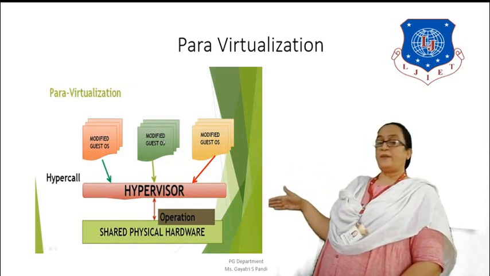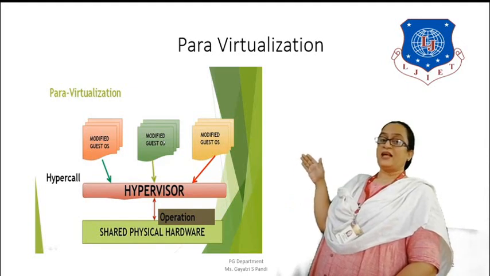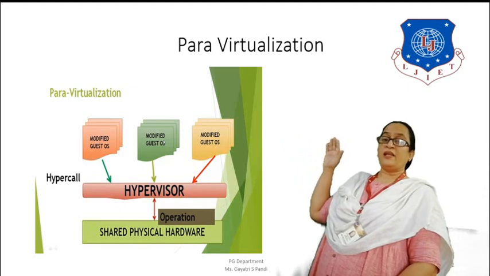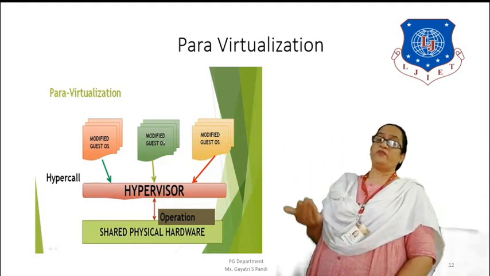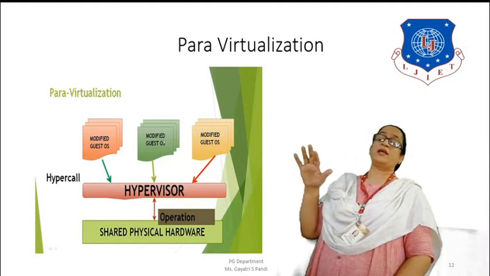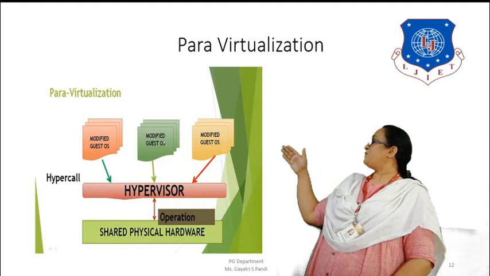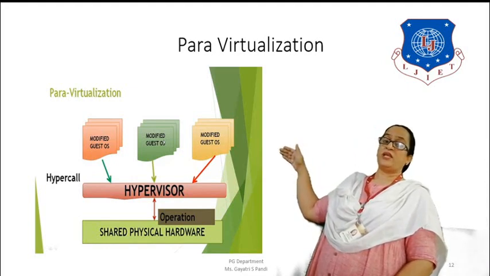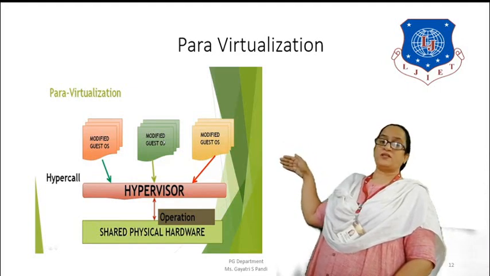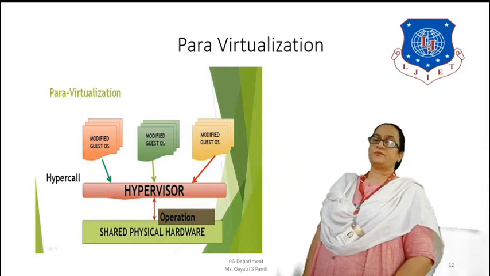On the above side is the hypervisor, which has the virtual machines, in which the guest OS needs to be modified. Guest OS specifically in para-virtualization needs to be modified. Once it is modified, it makes calls to the hardware through the hypervisor and that is called hypercalls. Hypercalls, as I said, are used to manage the memory.